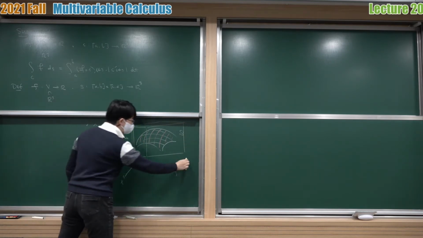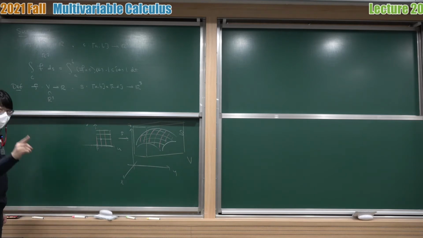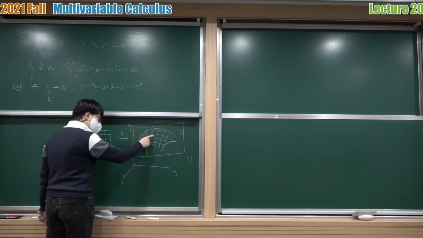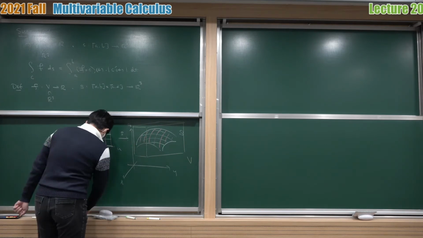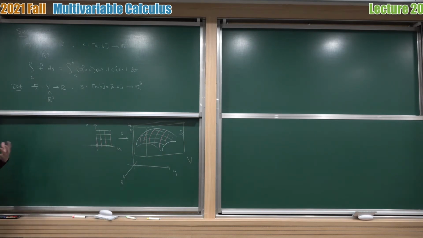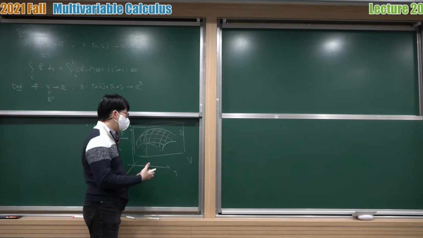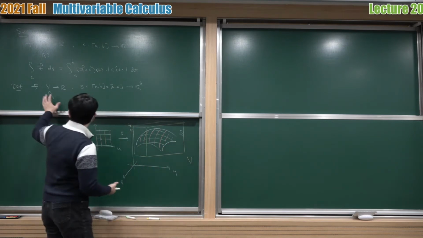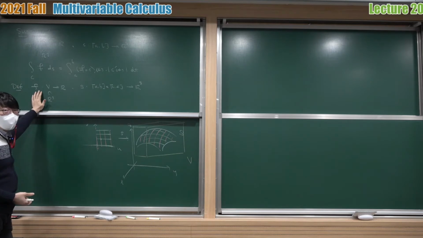So let's say this is our V. So that means I can find the value of the function for any point on the surface S. Okay. So I'm trying to find out the mass of the surface if my point density is given by the function f.